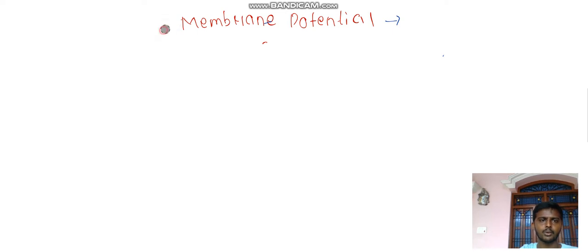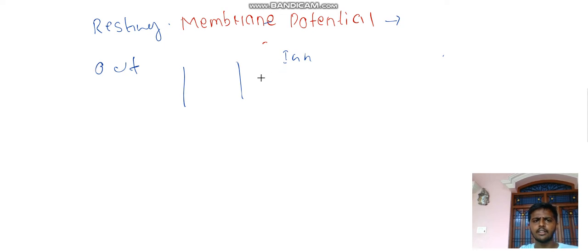What is resting membrane potential? Just say that this is a cell membrane, this one is the inner side, and this is the outer side. So initially a higher concentration of sodium ions is present on the inner side and less on the outer side.